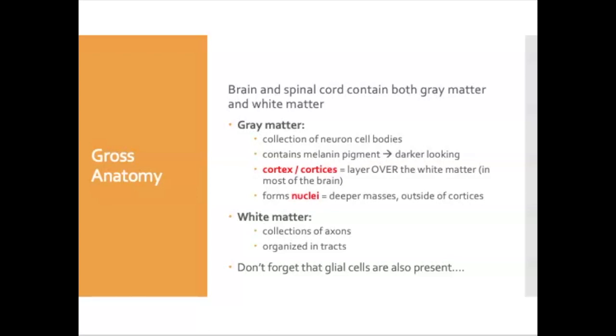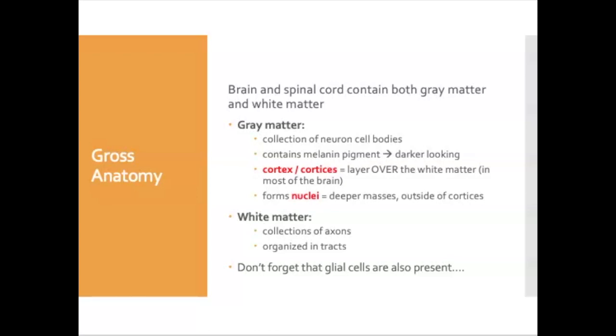The first thing to know about the gross anatomy of the brain is that the gray matter and white matter of the brain are organized differently than what we saw in the spinal cord. Remember, in the spinal cord, the gray matter was in the center and the white matter surrounded it. We're going to see something different in the brain.